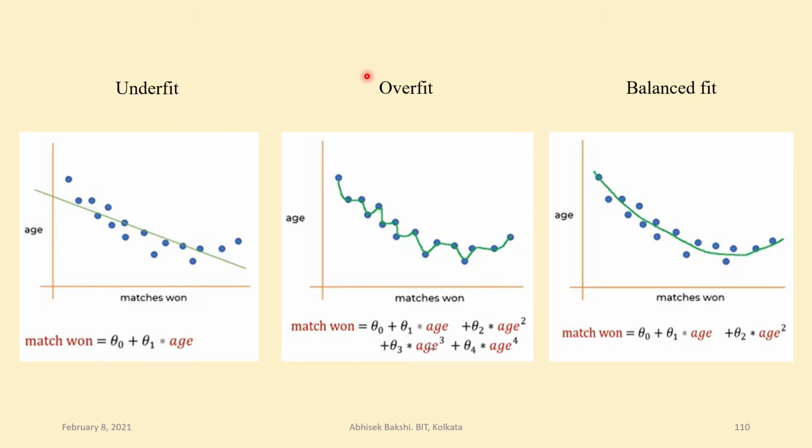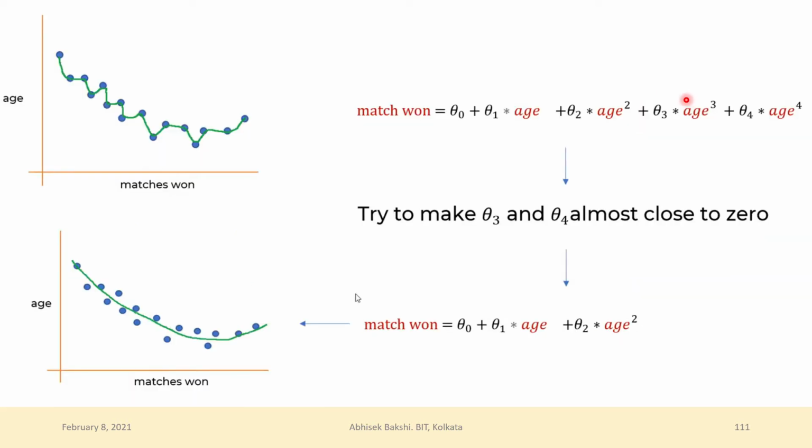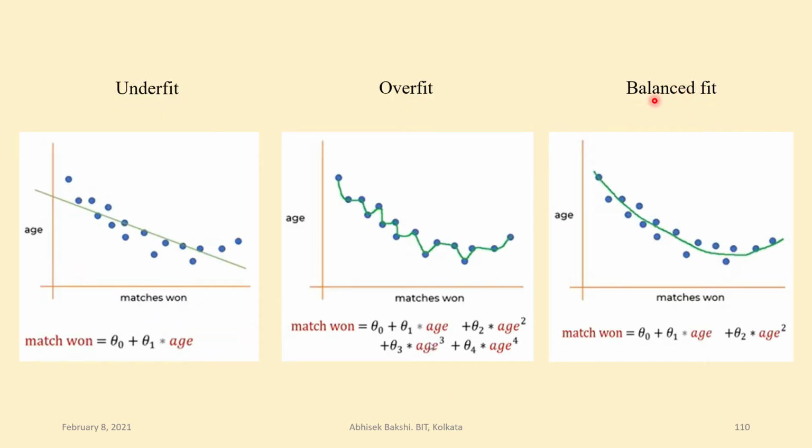That's why we need something like a trade-off between underfitting and overfitting, and that is what we call a balanced fit. That is shown on the right side, the balanced fit.